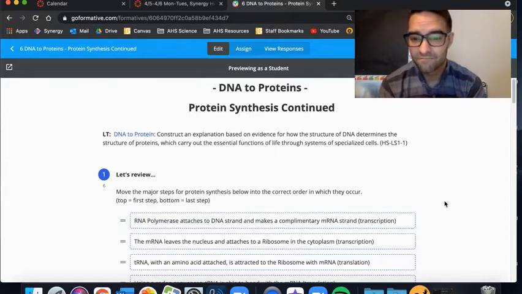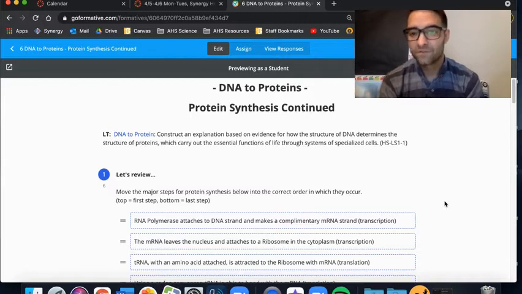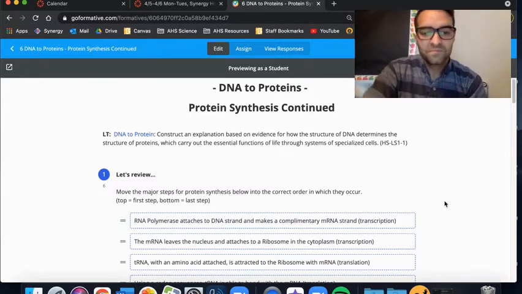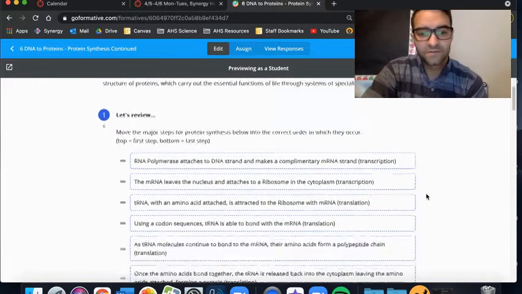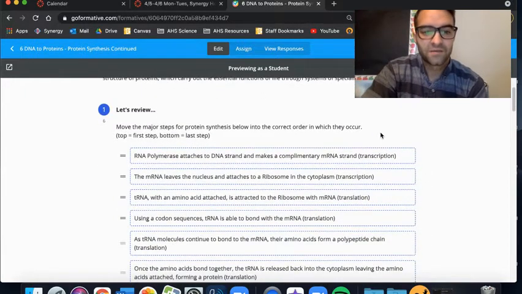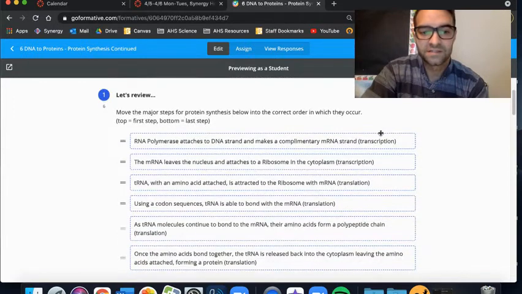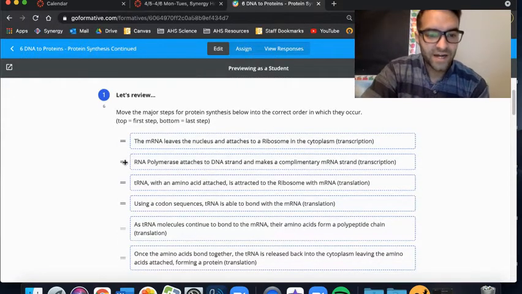through systems of being specialized, right? So every protein can have a very specific function. With that, we already talked about the process of protein synthesis, and so as a review, you can click and drag these in order of the events that they occur.